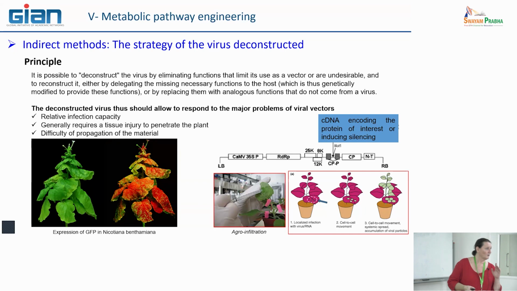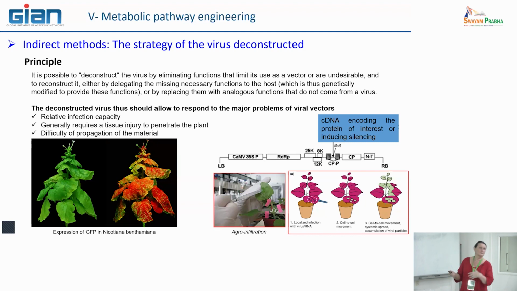Chlorophyll. Yes, chlorophyll. You can see that all of these cells are chlorophyllian cells. They are green in natural light. They become red under UV. And you see that also in this new generation of leaf, you can observe high green fluorescence, which corresponds to the expression of this protein during the infectious process in this particular new organ.